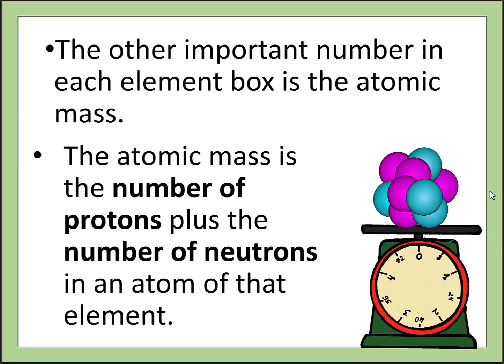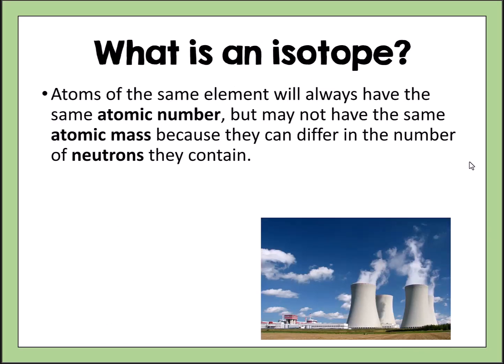The electrons are tiny compared to the protons and neutrons. So the nucleus of the atom with the protons and the neutrons basically gives the atom its mass. So when we're discussing the atomic mass of an element or an atom, it's just the number of protons plus the number of neutrons. And we'll do some calculations on that later in this unit.